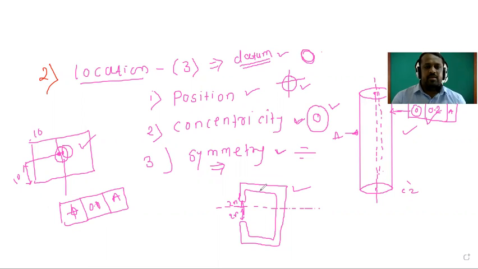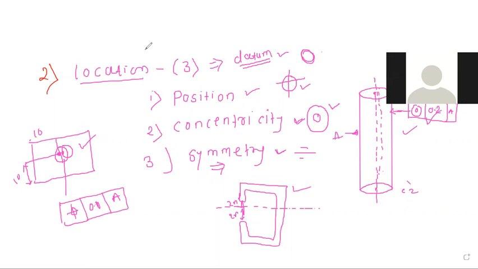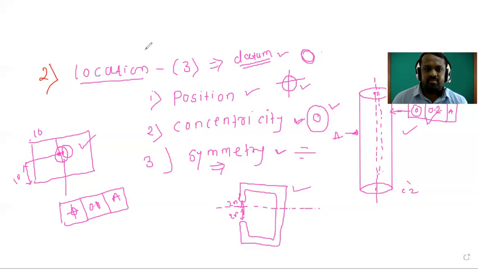Yes, sir. Okay. The next type of tolerance is run out. Okay, it has two characteristics.